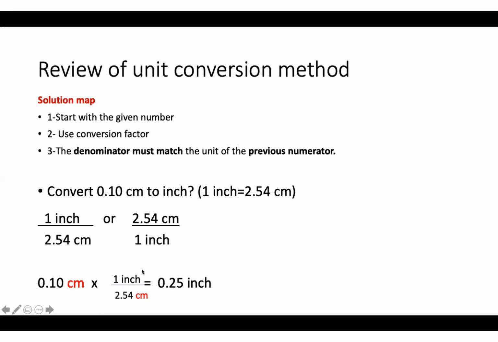The question says convert centimeter to inch, so when I get inch here, I'm done, and I do the calculations. The final answer should always have the same number of sig figs as the given number. I have 2 sig figs in the final answer, which matches the 2 sig figs in the given number.